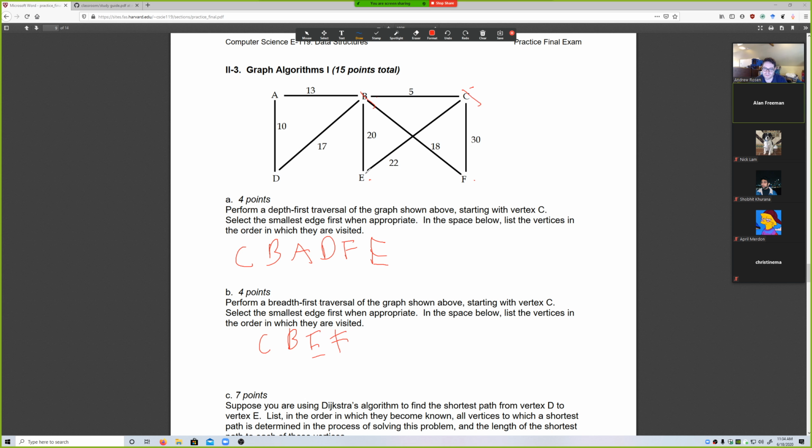Okay. Is there anybody else I need to explore? Well, going from B, I would want to explore A and D. Actually, what I should do is say the best way to do that is B, E, F. So we're here. Next, let's go to B because that was the shortest edge. Is there any place I can explore from B?